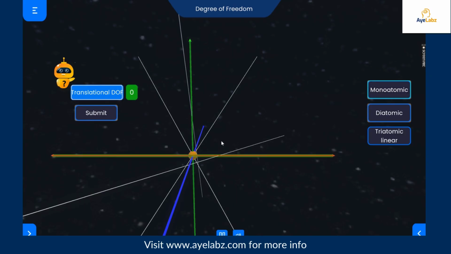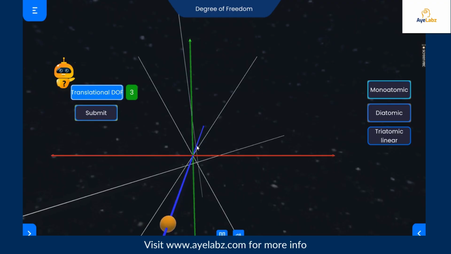I'm clicking on translational to show what motions these atoms or molecules will have. These gases consist of single atoms, meaning they have 3 degrees of freedom, one for each direction in which they can move: x, y and z.